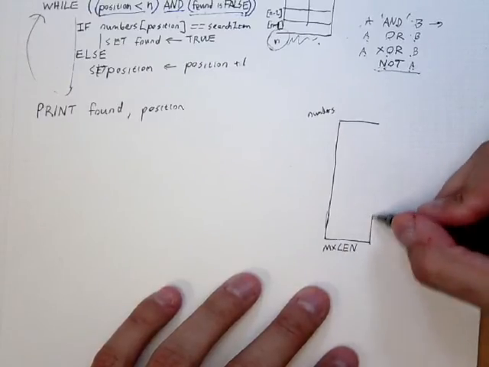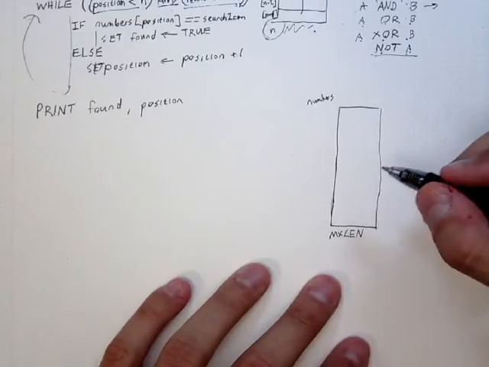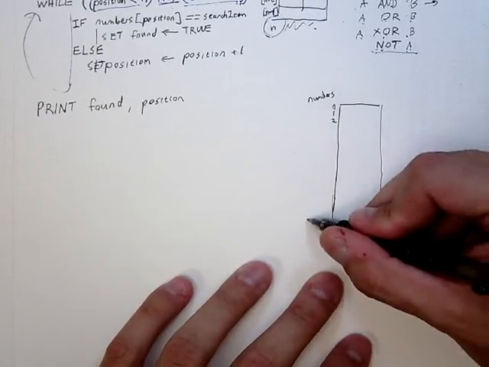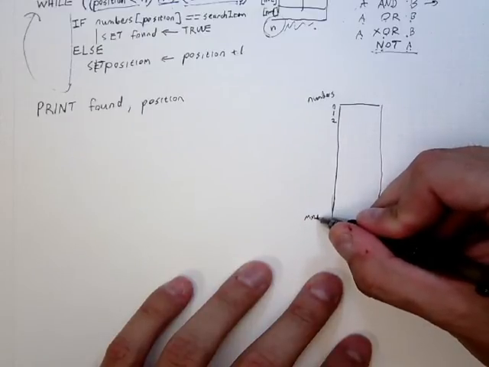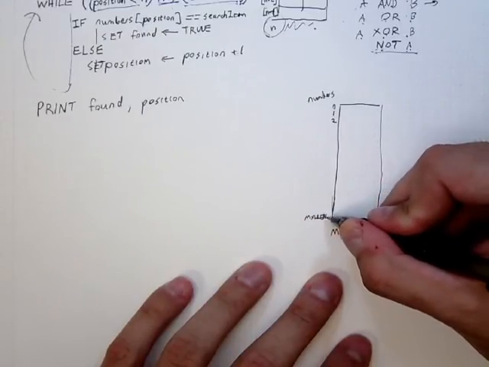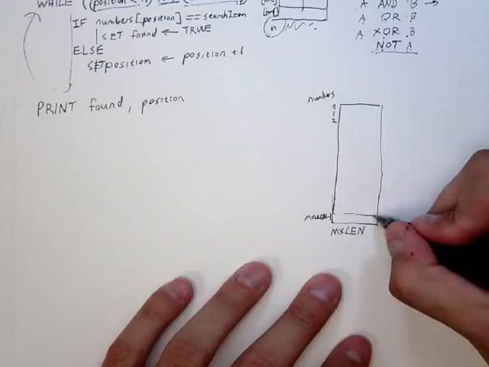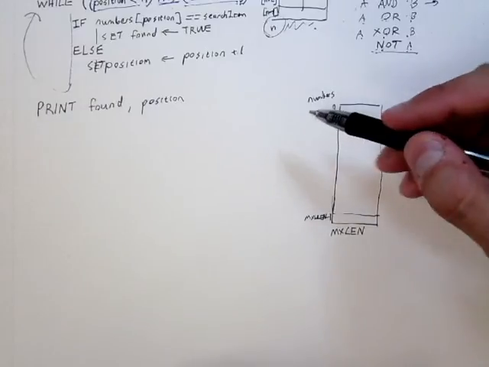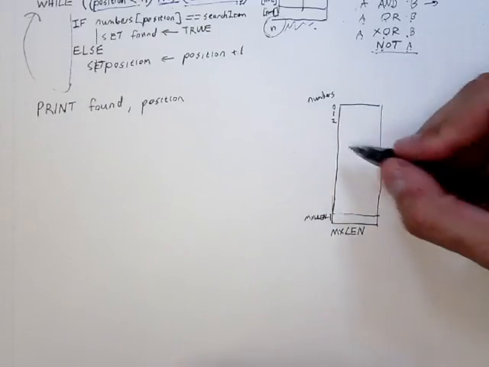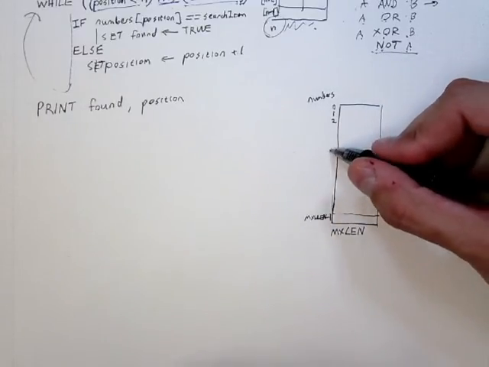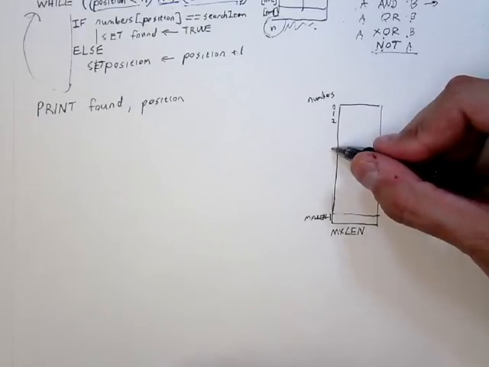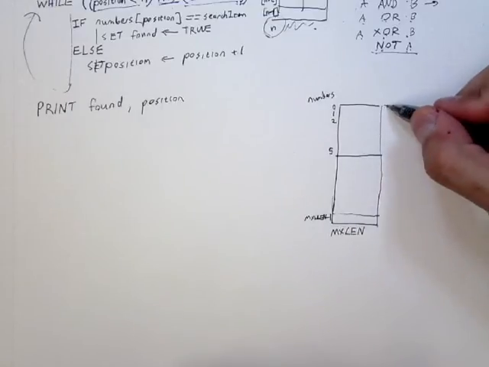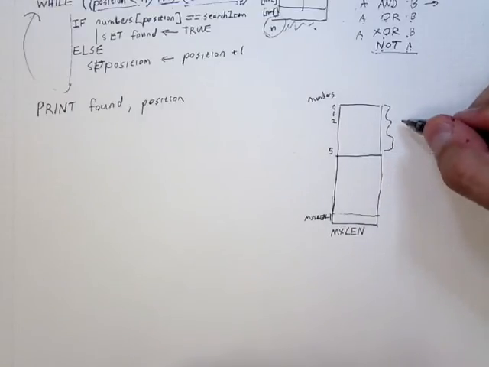And so you have indexes that go from 0, 1, 2, all the way to max length minus 1. And that would be the last position. However, when you're searching, you might only want to use a part from the beginning of the array. So maybe you're just looking for an item in this little subarray of length 6.